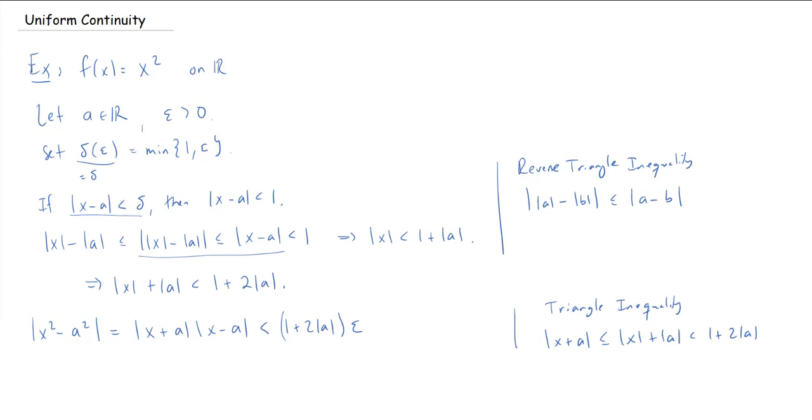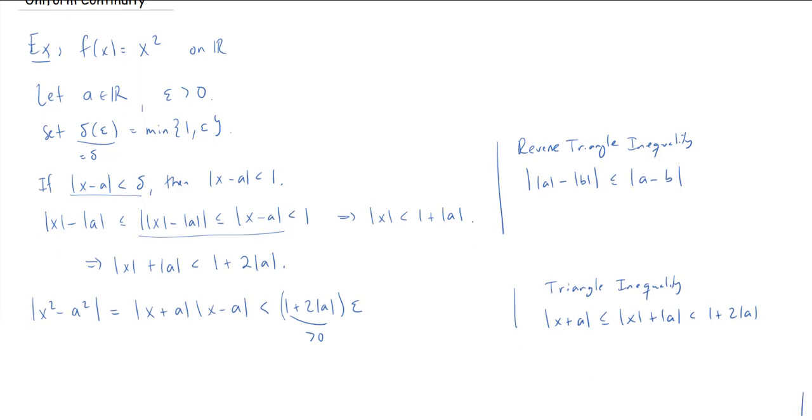And while this isn't exactly epsilon here, by the inspired choice theorem, this is good enough. Right? We have some positive multiple of epsilon. So by the inspired choice theorem, or the Inch theorem, f is continuous at a.